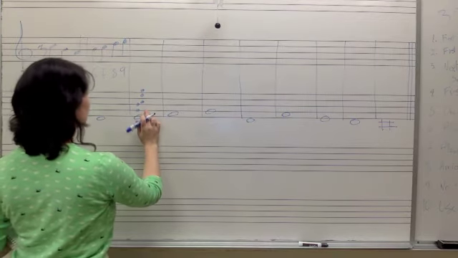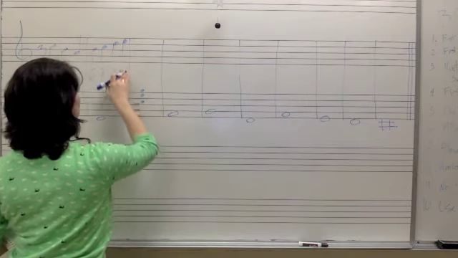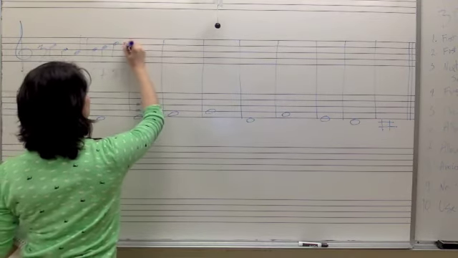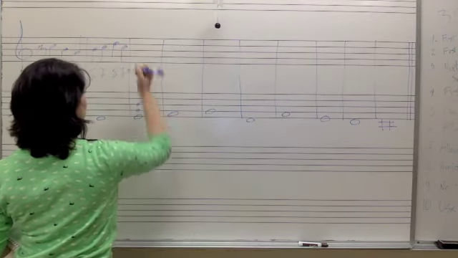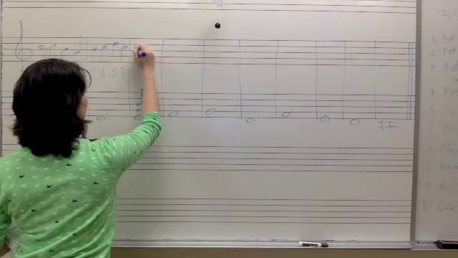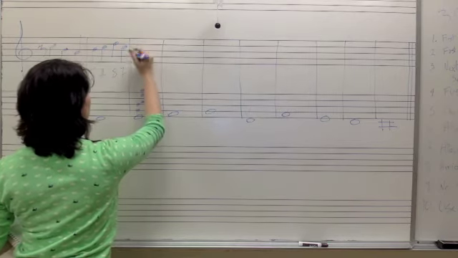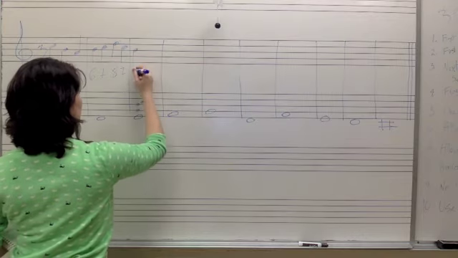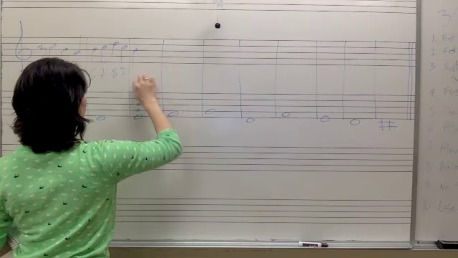So best option might be, we have to get rid of this. Maybe we can go back down to C. Go back to 7. And then we can hit up the B. So now this C, this dissonance is a passing tone. See how that works? Oh, sorry, it's a 5th.